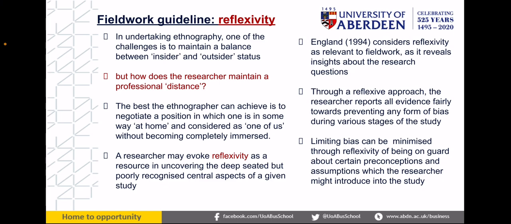The true way is for the researcher to evoke reflexivity as a resource in uncovering a deep-seated but poorly recognized aspect of a given research. So with reflexivity, you are trying to report every piece of evidence you've uncovered fairly. You've removed any preconceived bias, and you're reporting it fairly as it should be.